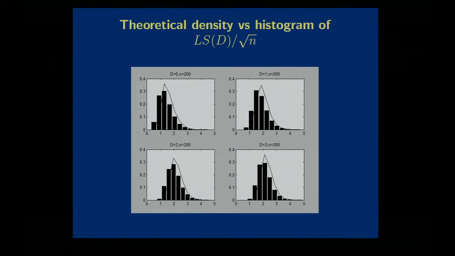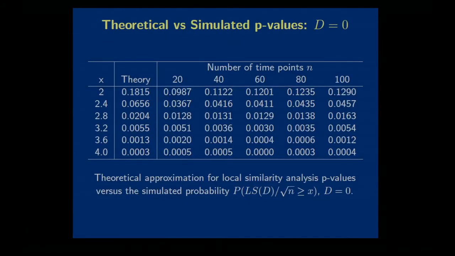You can see it's not perfect, but at least for those tail probabilities, which is what I'm interested in, it seems to be okay. I also wanted to see what "okay" really means. So if the number of time points is from 20 to 100, what is the p-value through this theory, and what is the simulated p-value?